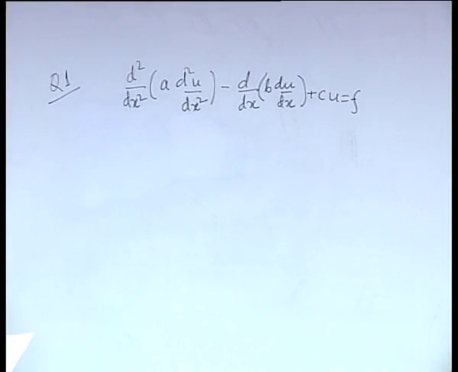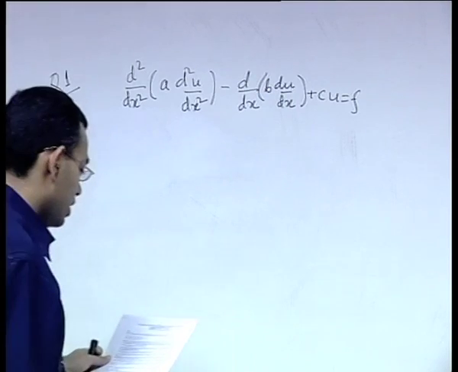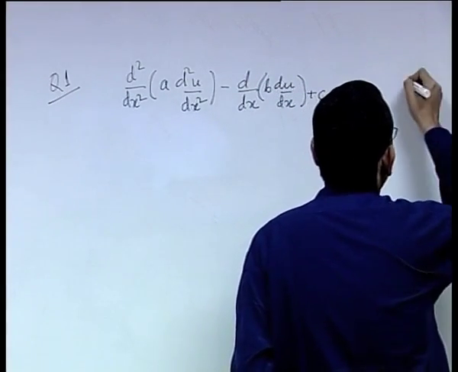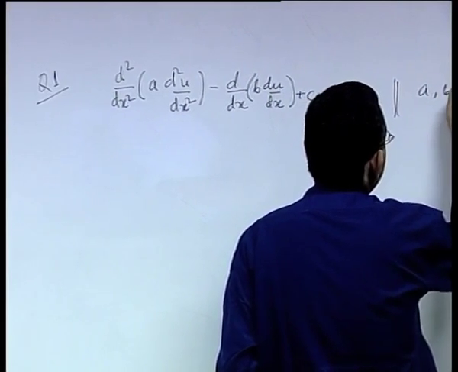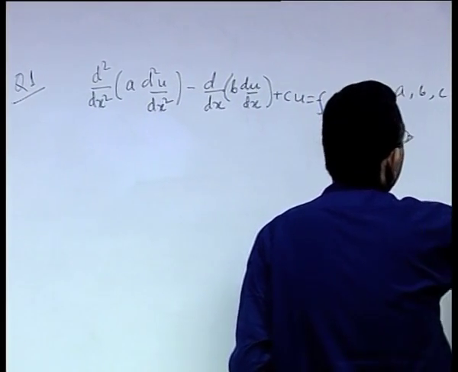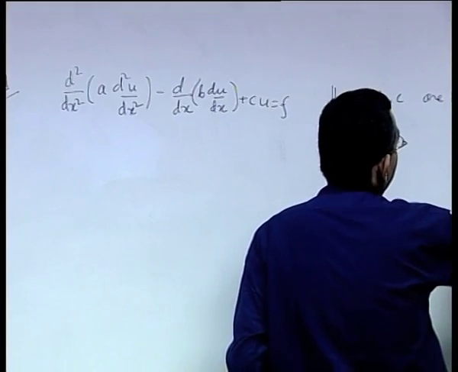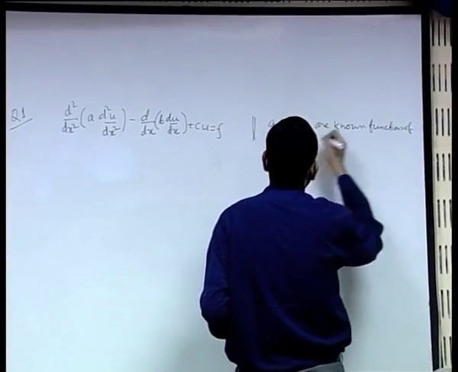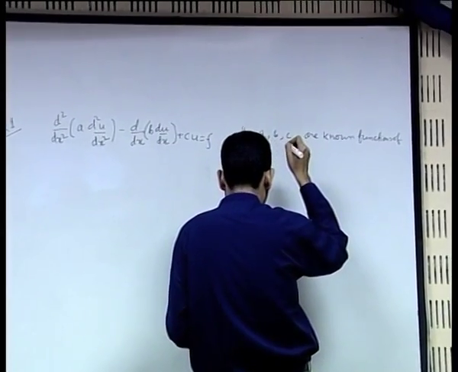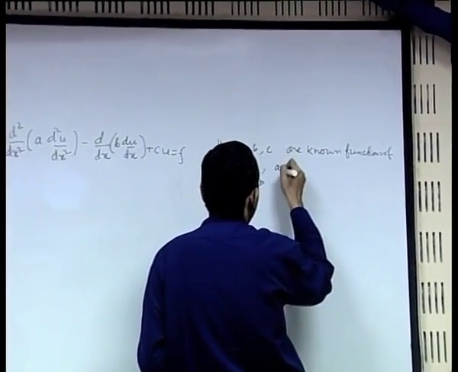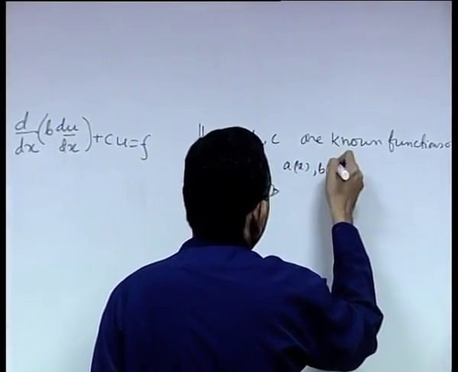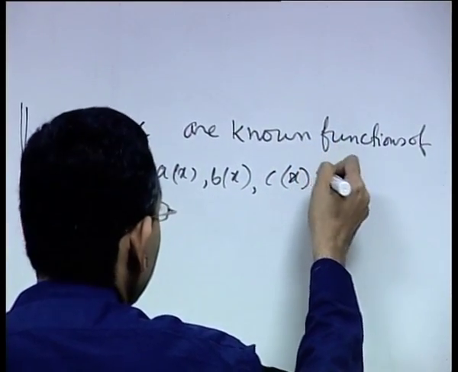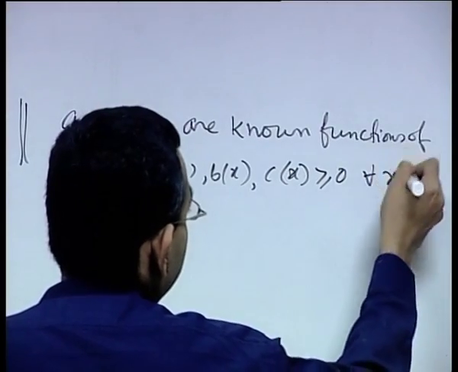This is the differential equation where A, B, C are known functions of x, and A, B, C are greater than or equal to 0 for all x.